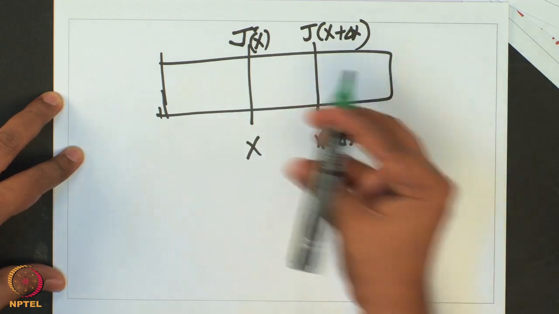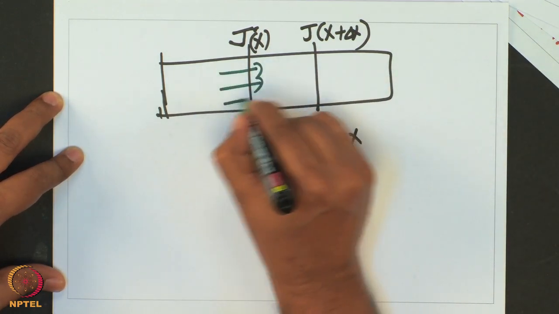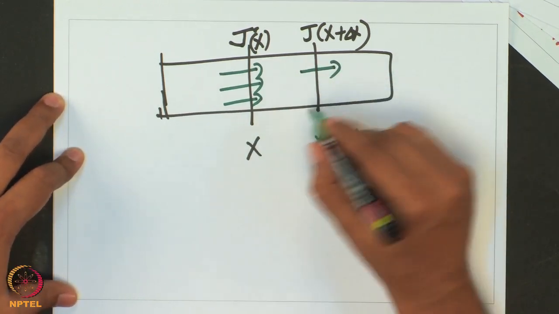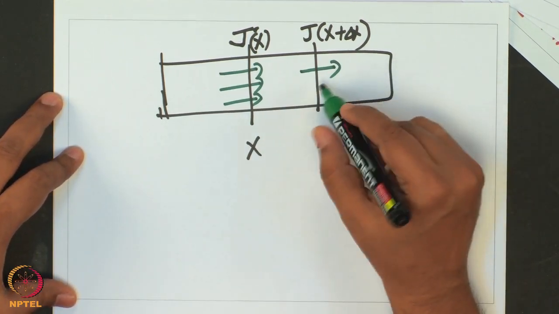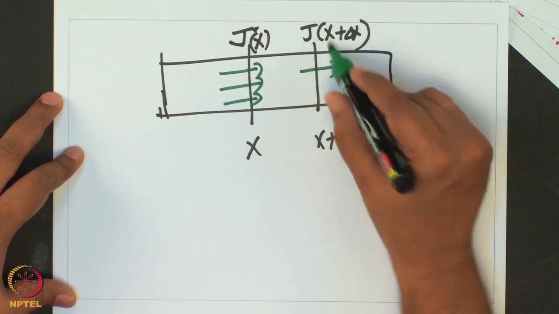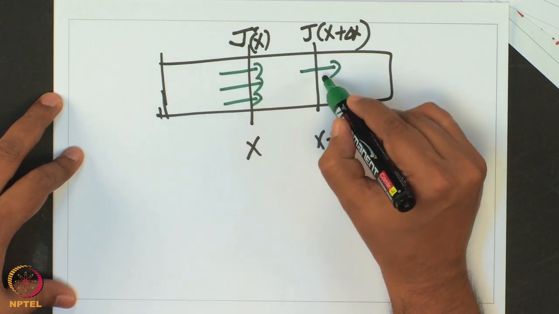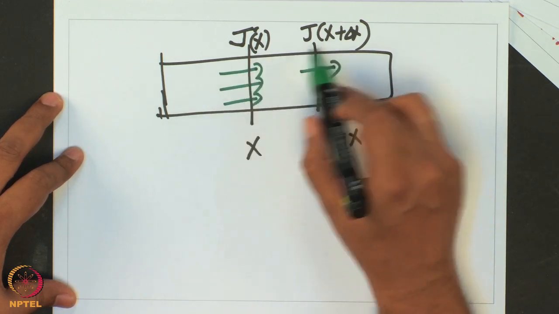Let us say the flow at x is 300 particles every second and only 100 particles go out. So the flow out is only one line. That means this is less compared to this. So del J by del x is not 0.